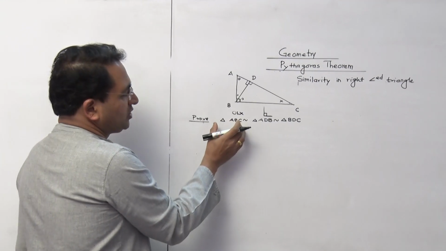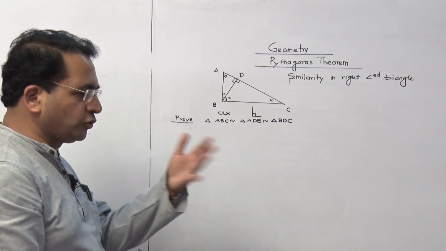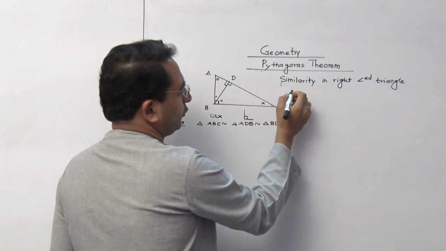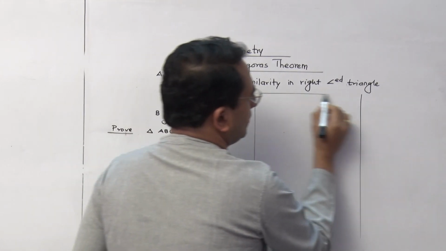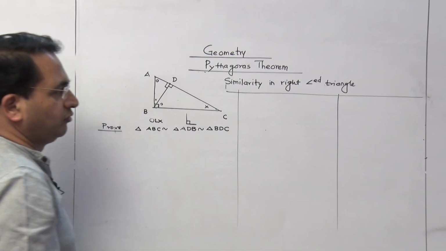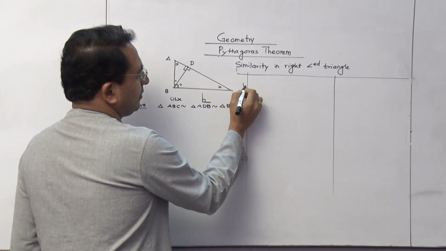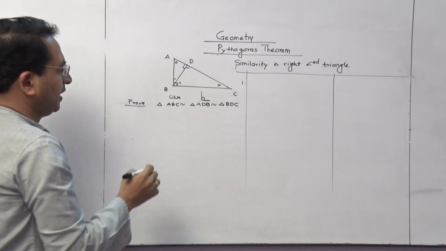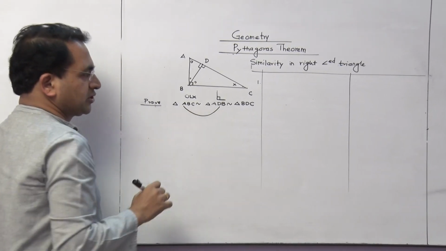Now see, once you decide this, then the proof is easier. I am going to tell you the methodical approach for this. As you know, we are going to make use of some statement reason pattern. Now my first statement I am going to write here. We have to focus on this rule first.